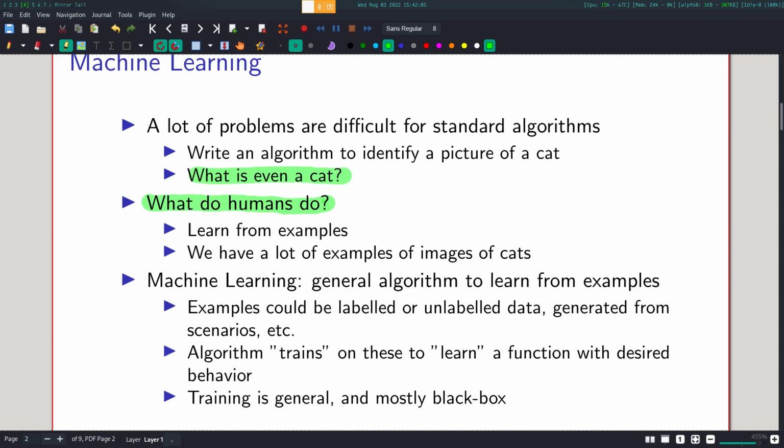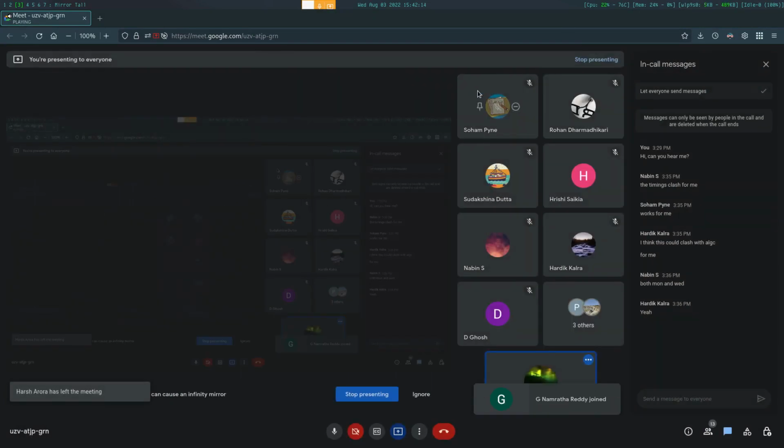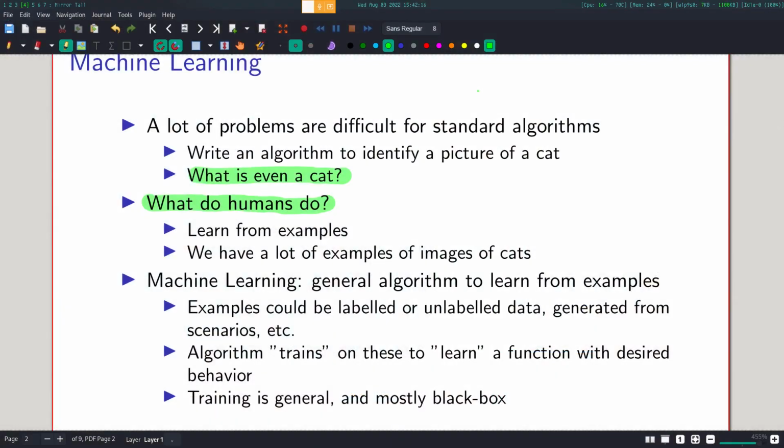As a child grows from a baby slowly into a child and then an adult, hopefully fairly early on in life, he would have seen a lot of cats. Whenever he sees a cat, his or her mother would probably point out and say, okay, look, that is called a cat. So as we grow, we see several such examples of cats.